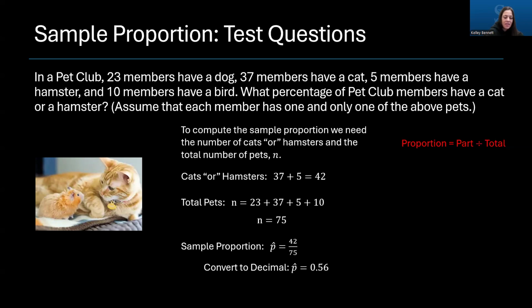So 42 divided by 75 in your calculator gives you 0.56. There's no rounding on that. So that's the whole of the number, 0.56. And I can convert that to a percentage by multiplying by 100 or moving the decimal to the right twice, 56%. So 56% of pet club members have either a cat or a hamster.